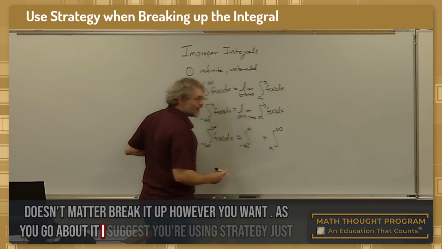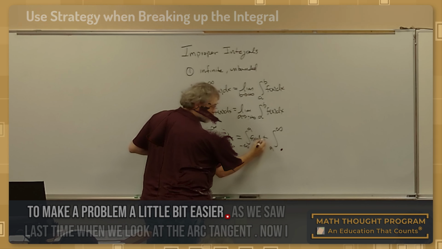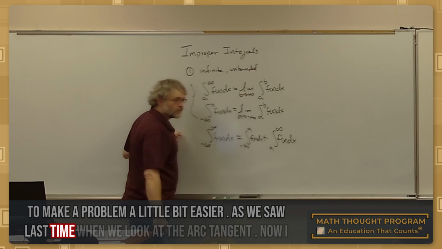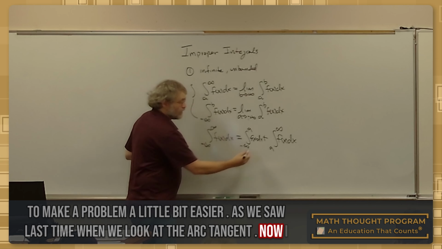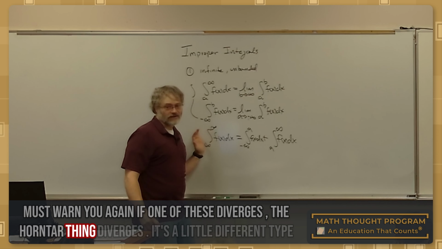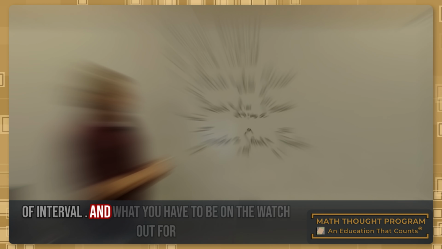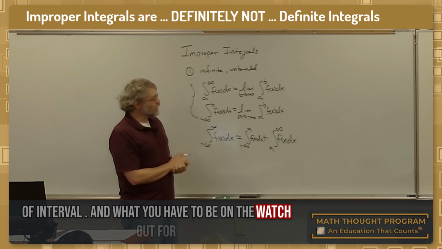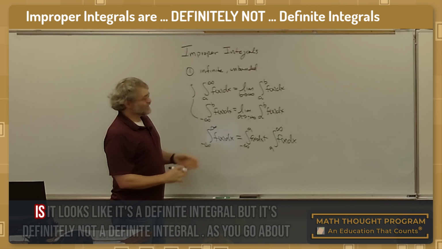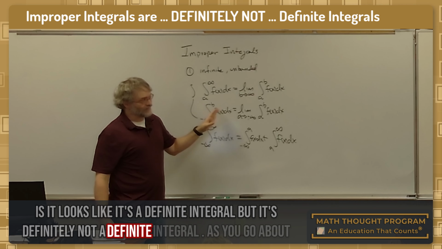As you go about it, I suggest maybe using some strategy just to make the problem a little bit easier, as we saw last time when we looked at the arctangent. Now, I must warn you again, if one of these diverges, the whole entire thing diverges. It's a little different type of integral. What you have to be on the watch out for is it looks like it's a definite integral, but it's definitely not a definite integral.